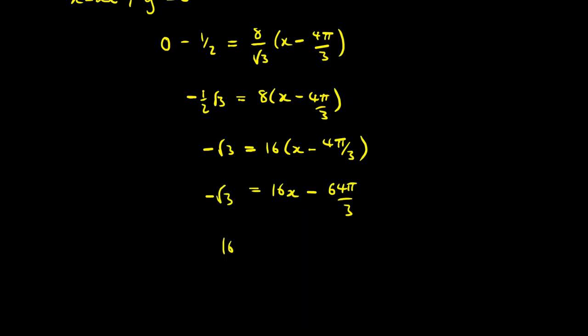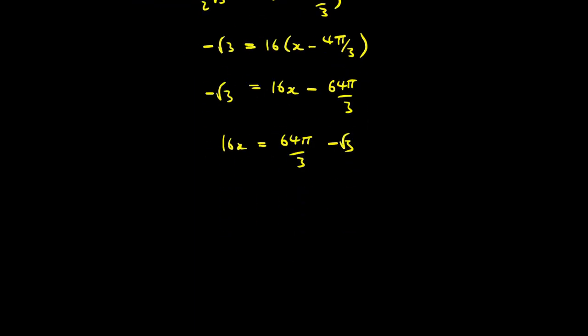So I get 16x is equal to 64 pi upon 3 minus root 3. And then I'm going to divide both sides through by 16. If I divide both sides through by 16, I get 4 pi upon 3 minus root 3 upon 16. And that will be my answer.